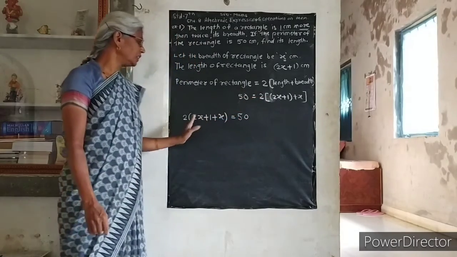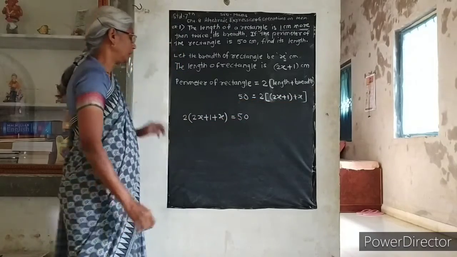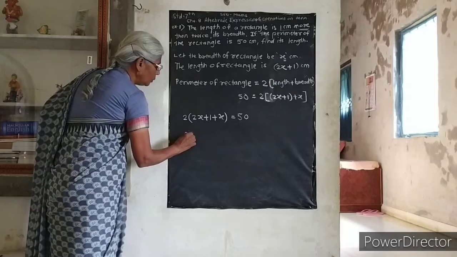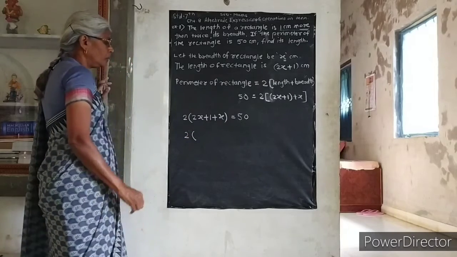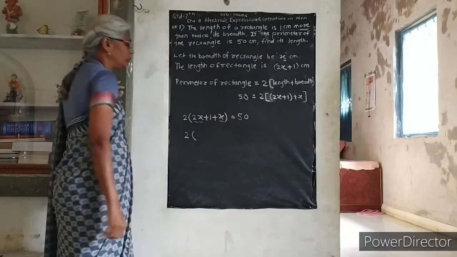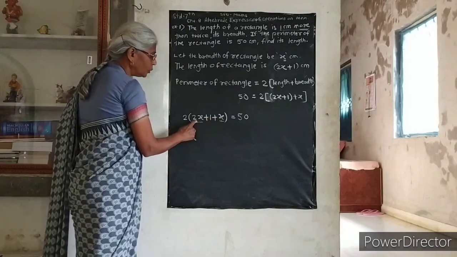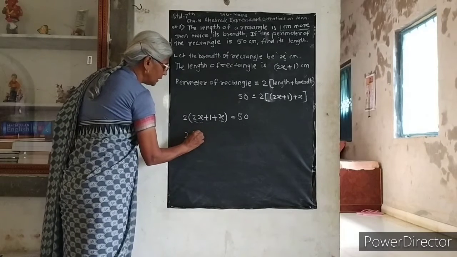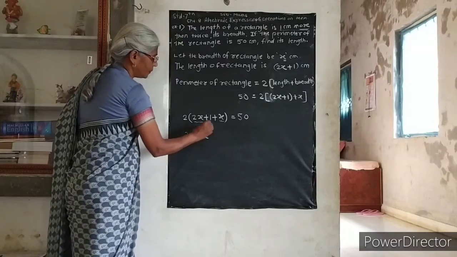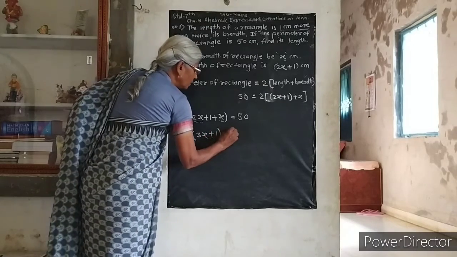Then 2 into bracket, we can add the similar terms. 2x and x are the similar terms. Then 2x plus 1x, we get 3x plus 1 is equal to 50.